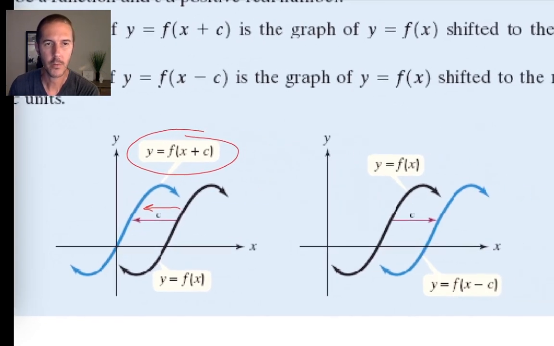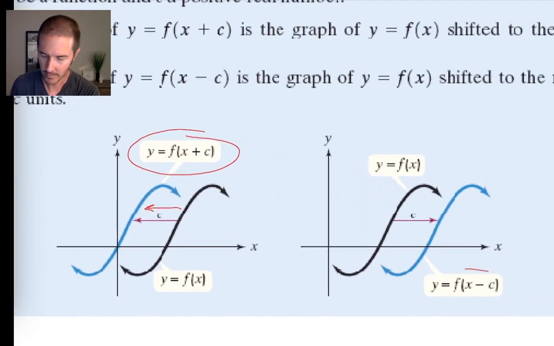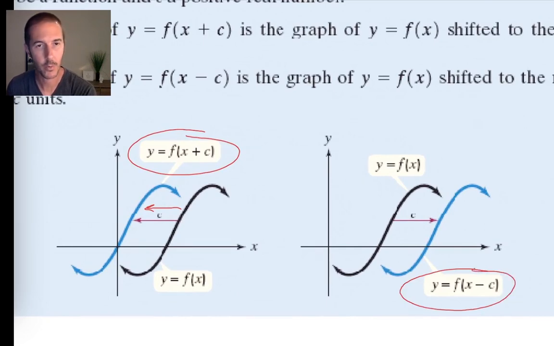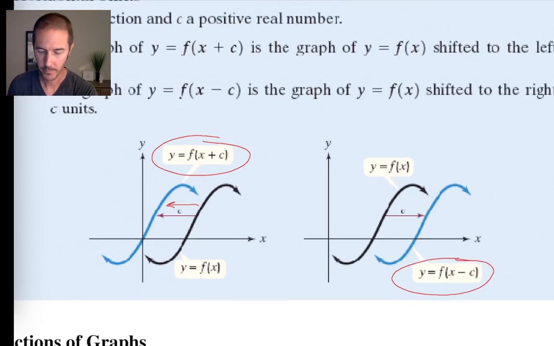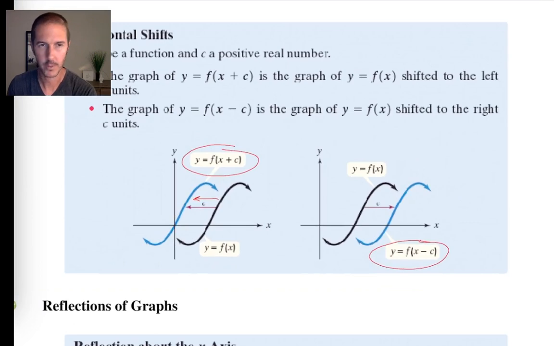Similarly, in our second graph, where it says f of x minus c, our graph has moved in the positive horizontal direction. So when you see a modification inside of a function, be aware that the resulting transformation is going to be kind of backwards from what you would have anticipated. I often refer to it as being counterintuitive.